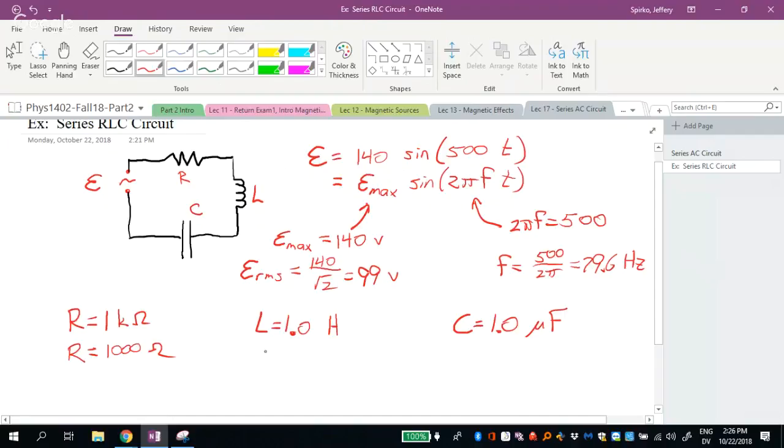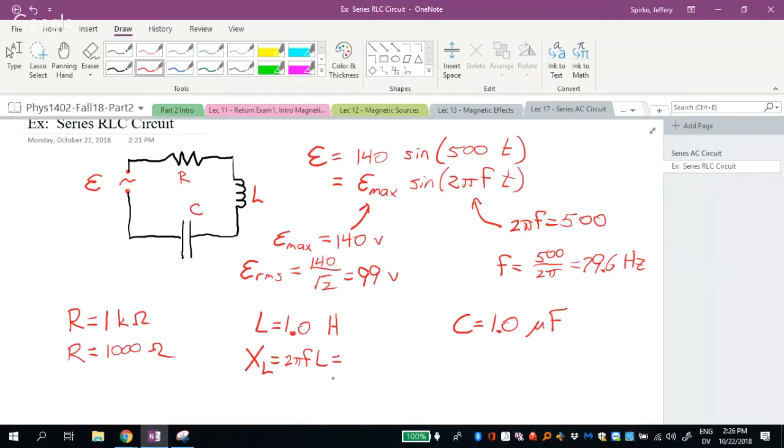So let's figure out the X sub L value. So that's 2 pi f L, which is how much? That is a very good thought, that 2 pi f is 500.